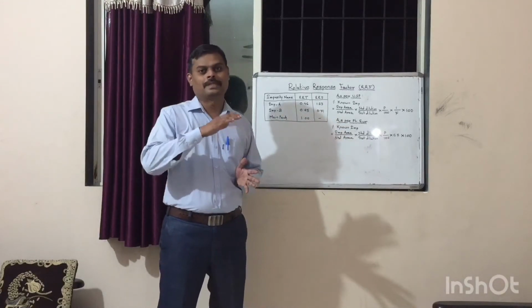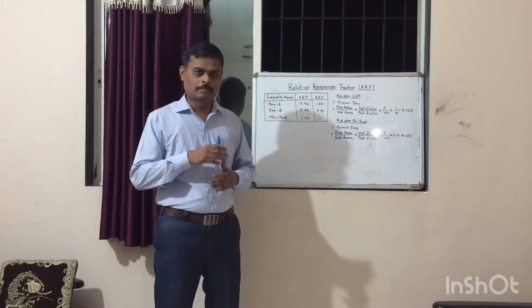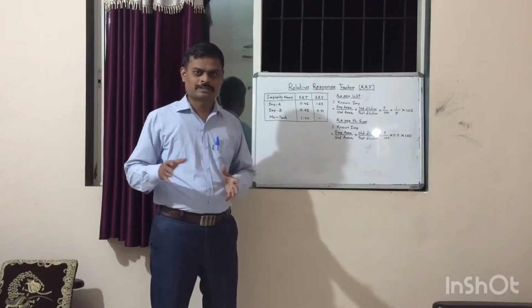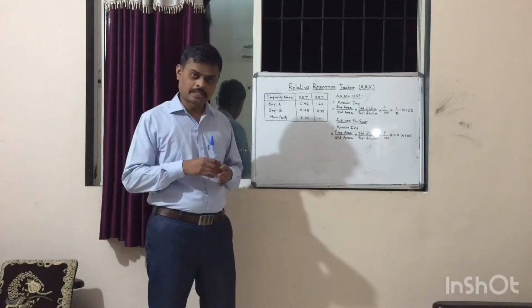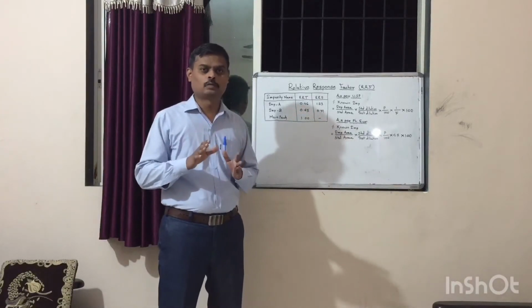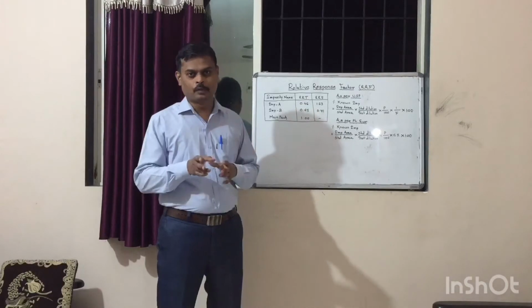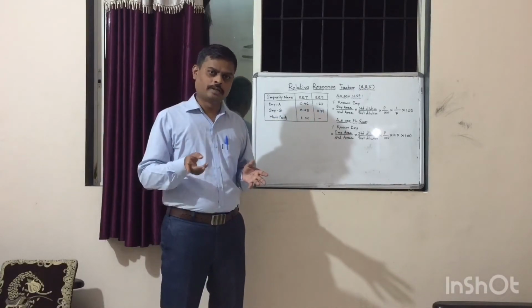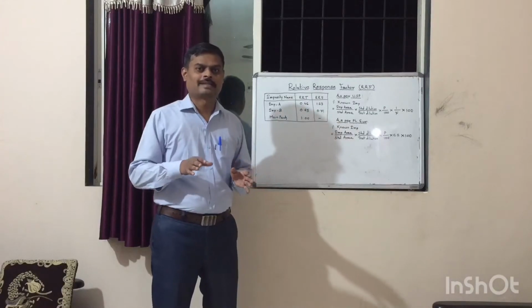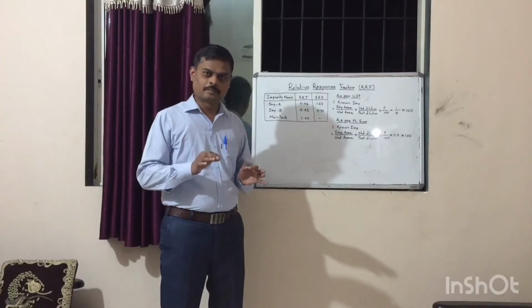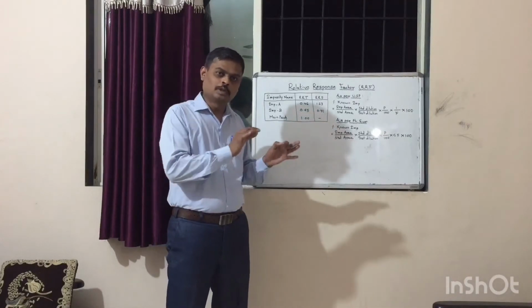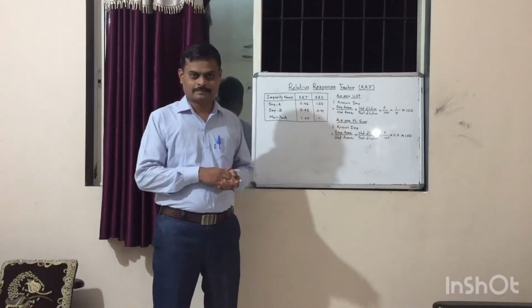The last example is complexity of the impurity profile. Sometimes there are a number of known impurities present in your sample, so it is very difficult to inject each known impurity separately every time. So in all these circumstances, the alternative RRF method can be used to calculate the amount of known impurities.